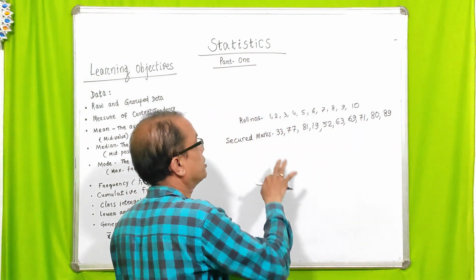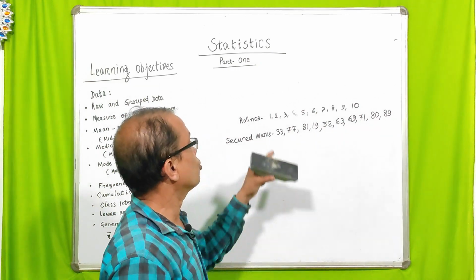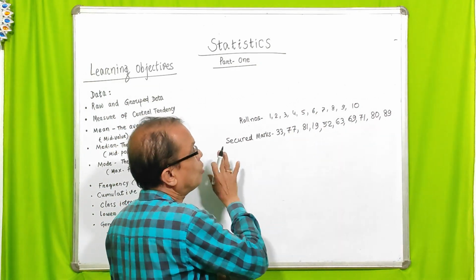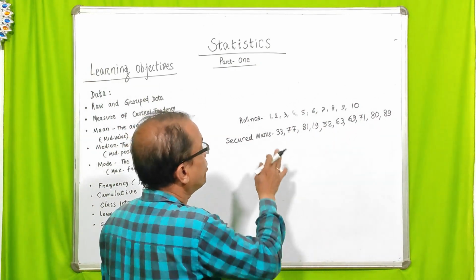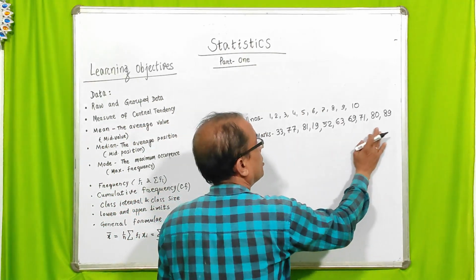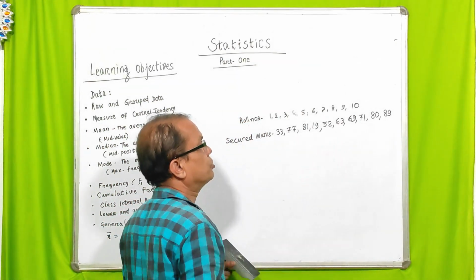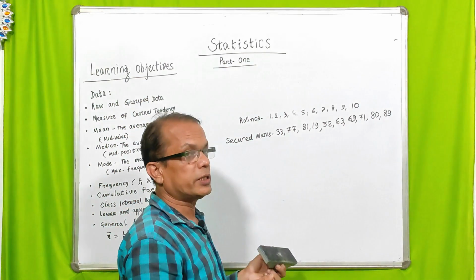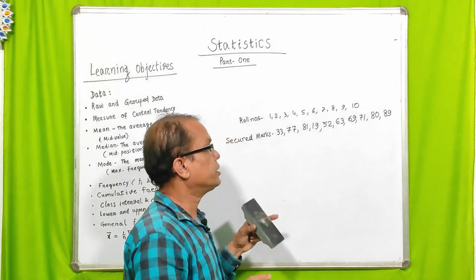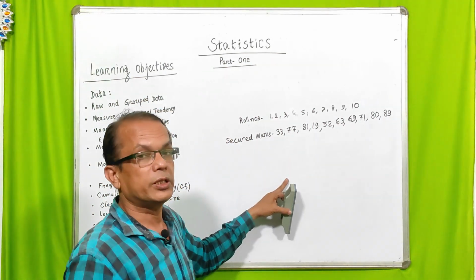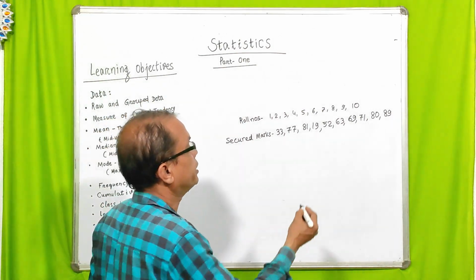Suppose these are the marks followed by the roll numbers. So how to arrange this data? If we are to find the central idea behind this data, then we have to organize this in an ascending order or descending order.